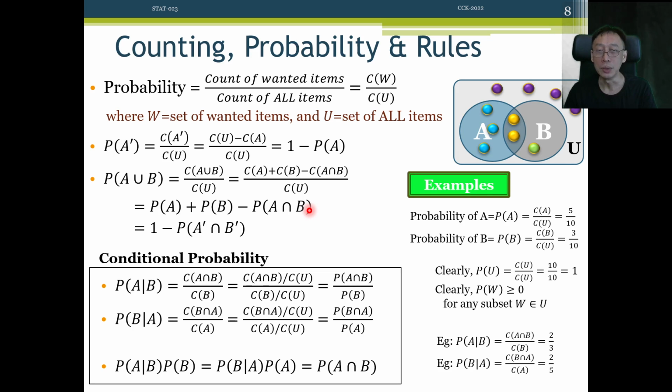Another way to derive it is that if you look at the balls here, A union B will be these 6 balls, right? Another way to think about it is total 10 balls minus those that are outside A union B, and that's basically what we want.